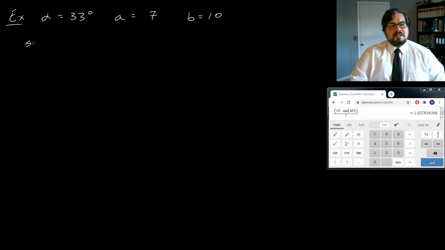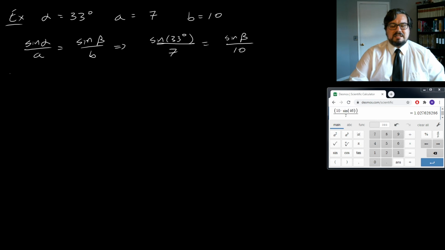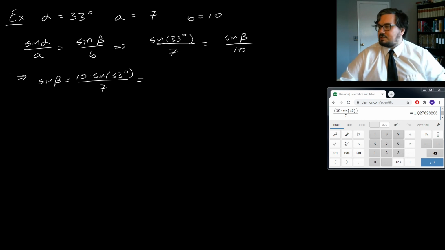So we have that sine of alpha over A is equal to sine of beta over B. This means that sine of 33 degrees over 7 is equal to sine of beta over 10. Solving for sine of beta, we get sine of beta is equal to 10 times sine of 33 degrees over 7, and this we'll want to approximate.